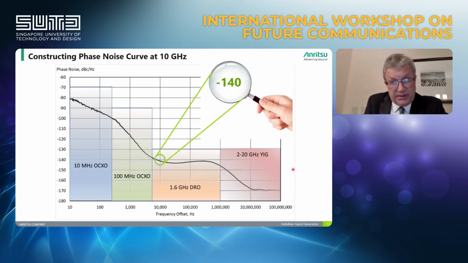To be specific, we achieve minus 140 dBc per hertz phase noise at 10 gigahertz output and 10 kilohertz offset, which is way better compared to traditional techniques and instrumentation currently available on the market.